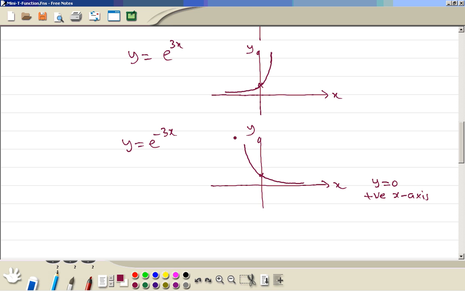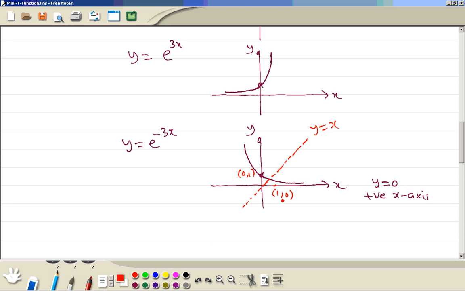If we need the inverse of this function, to sketch the inverse, first we draw the line y equal to x. Then this point is (0, 1). Then we get the point here, which is (1, 0).